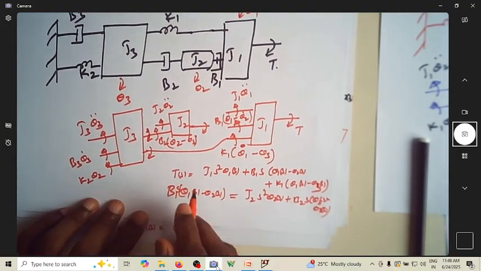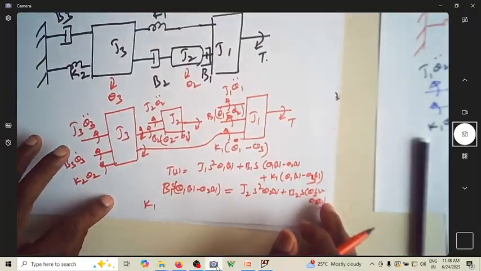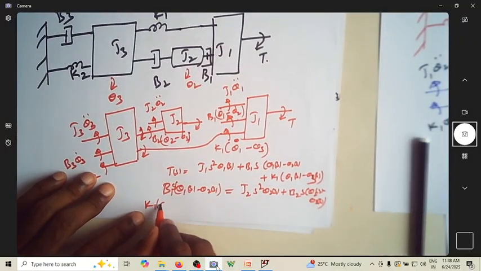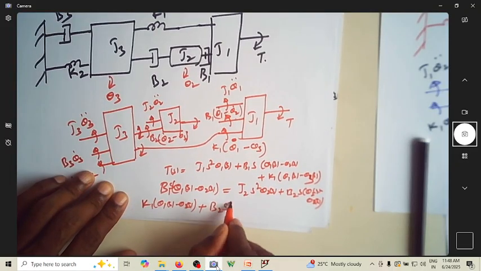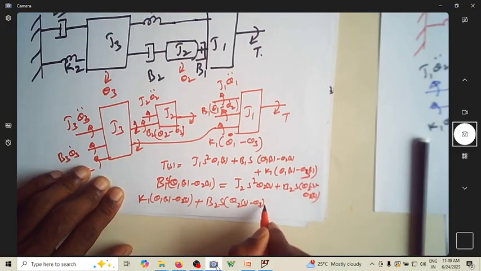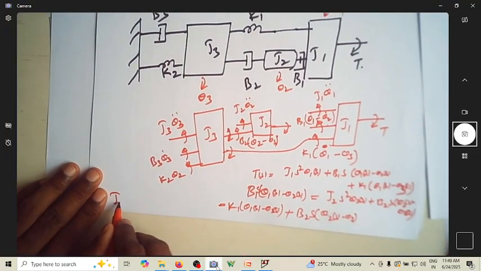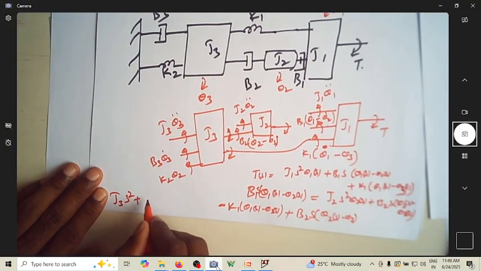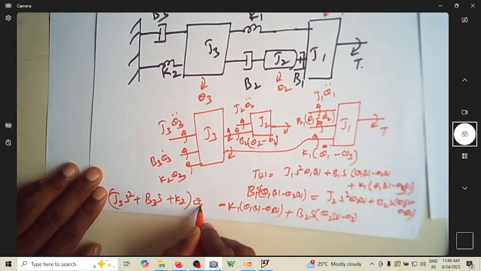Then finally the equation is K1 (theta 1 of S minus theta 3 of S) plus B2 S (theta 2 of S minus theta 3 of S) equals (J3 S square plus B3 S plus K2) theta 3 of S.